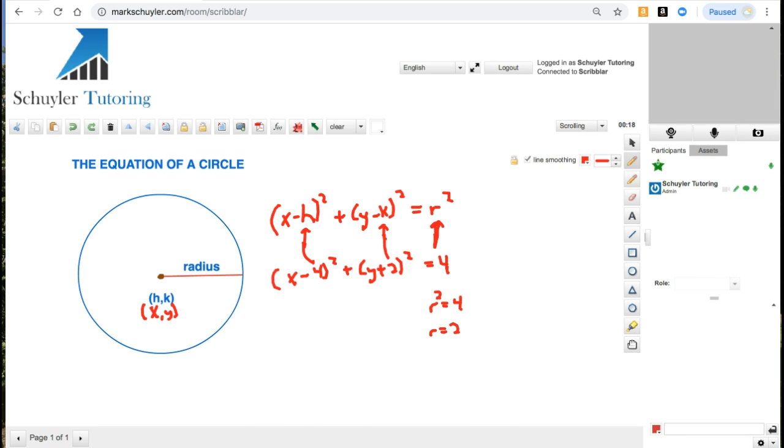They're going to try to trick you into thinking (-4, +2) is the circle's center. But it's not. Instead, it's (+4, -2). The signs are actually changed from what they look like when you're reading the equation.